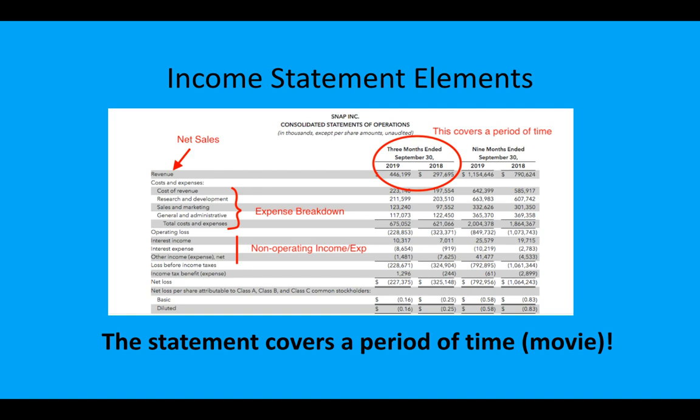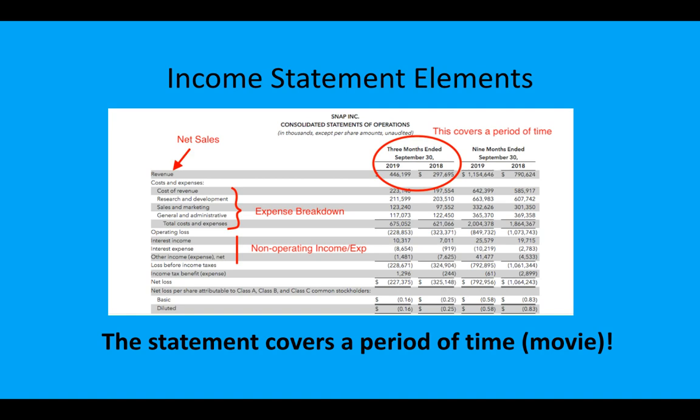So they sum all those up, total costs and expenses, 675 million, revenue of 446 million. Oops, they're making a negative amount of money. So they've got an operating loss of 223 million, but then they've got interest income. If you recall, they had a bunch of money that they have started to amass, and they're making interest on it.